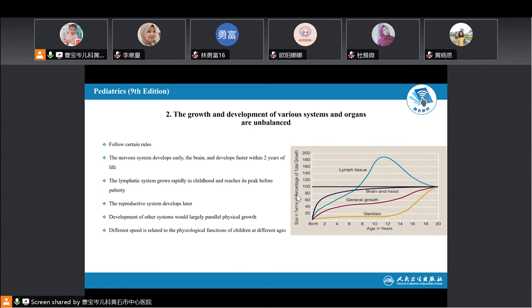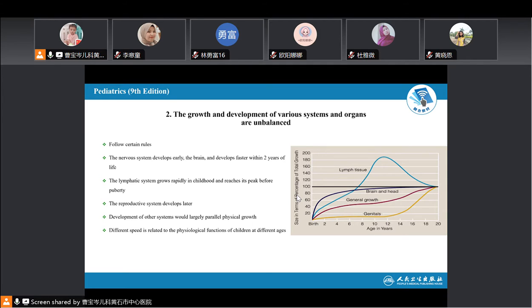The growth and development of various systems and organs are unbalanced, but follow certain rules. One, the neural system develops early. The brain develops faster within 2 years of life. The lymphatic system grows rapidly in childhood and reaches its peak before puberty.